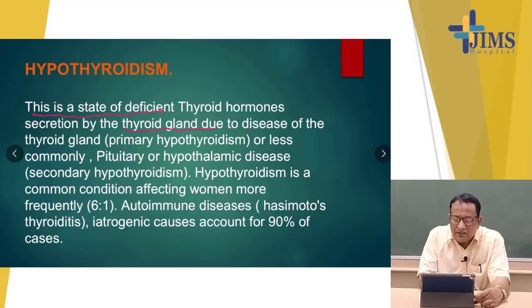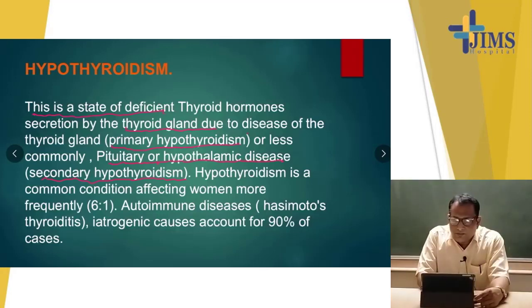This is due to disease of the thyroid gland, that is primary hypothyroidism, or less commonly due to disease of the pituitary or hypothalamus, secondary hypothyroidism. So, primary hypothyroidism is a disease of the thyroid gland itself, and secondary hypothyroidism means the higher control, that is the pituitary and hypothalamus, has a disorder.